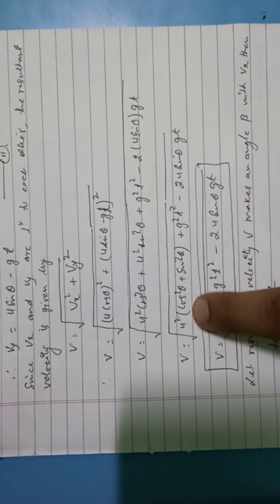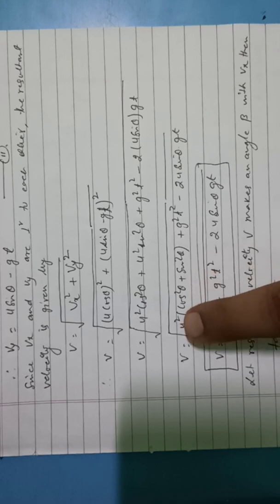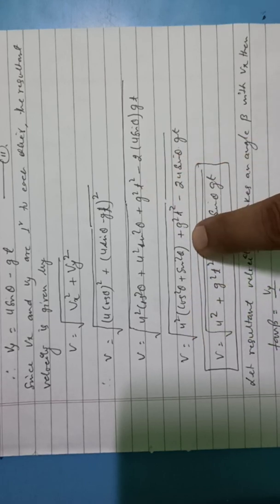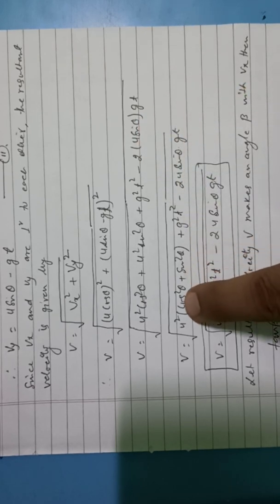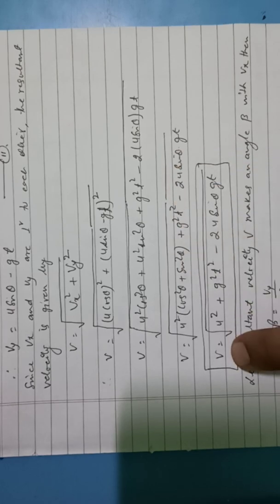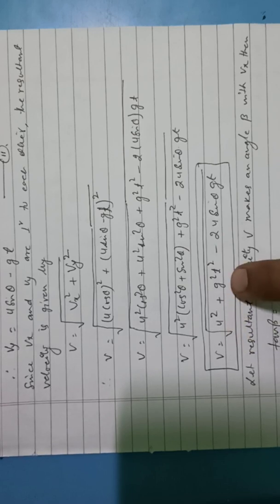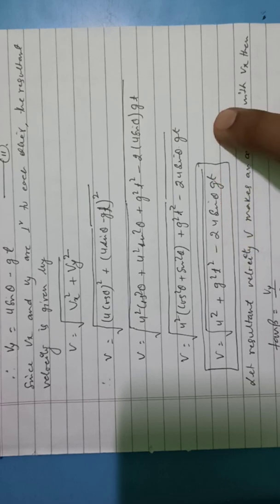Therefore V is equal to root under U square into 1, that is U square plus g square t square minus 2U sin theta into gt.